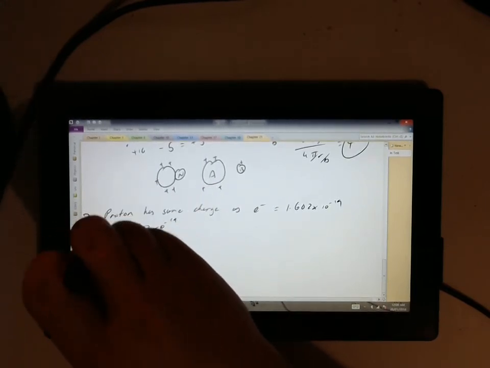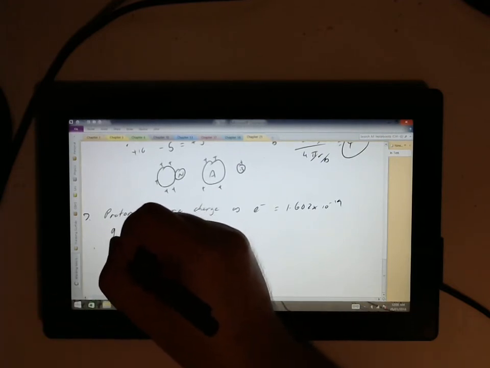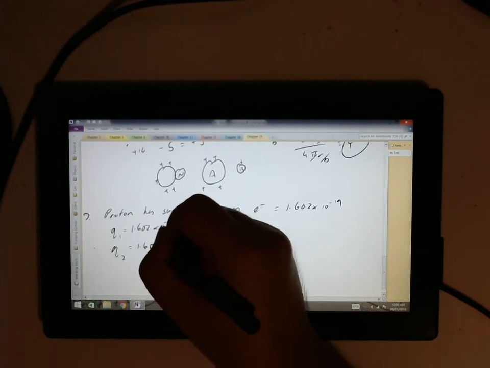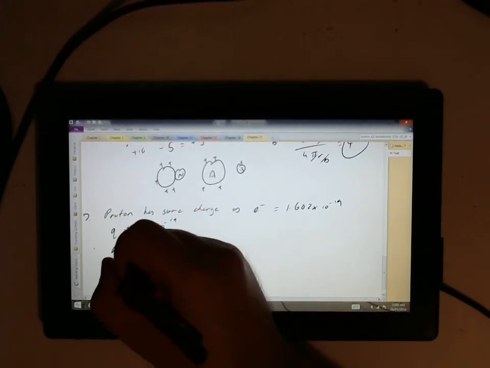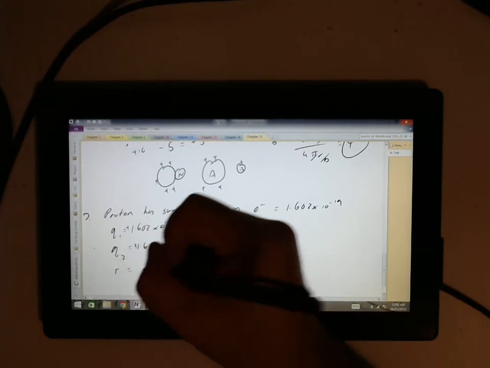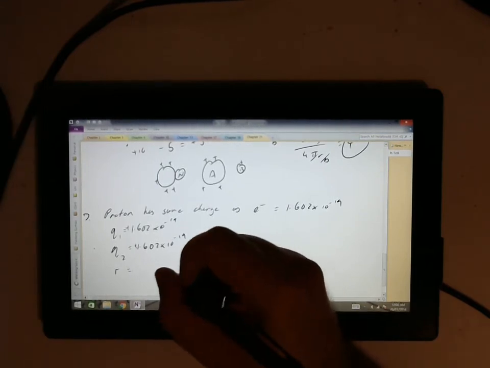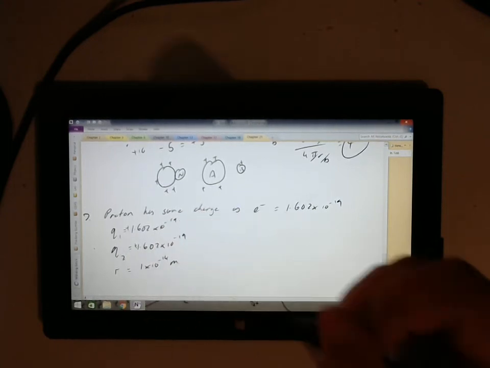Sorry, I know I gave the formula with lowercase q, I'm just used to writing uppercase Q. Q2 equals 1.602 times 10 to the negative 19 as well. They are both positive. We know the distance between them, we use r for radius, but d for distance is equally fine, and they've said here that it is 1 times 10 to the negative 14 meters.